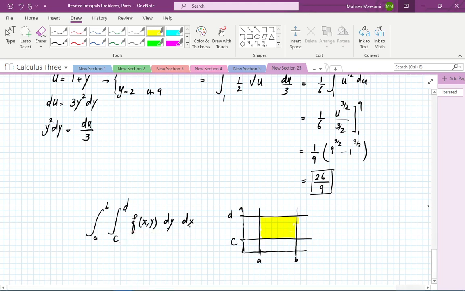What does this mean? What it means is very similar to the Riemann integral we had in Calculus 1, which is the following. You take this region and divide it into some cells.